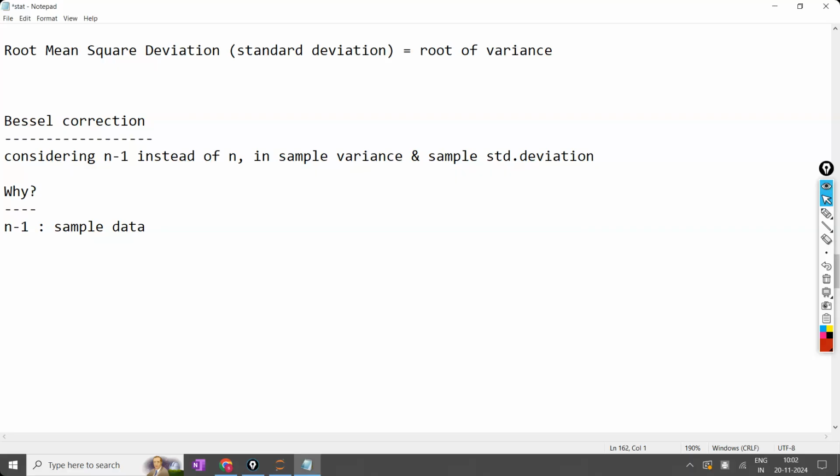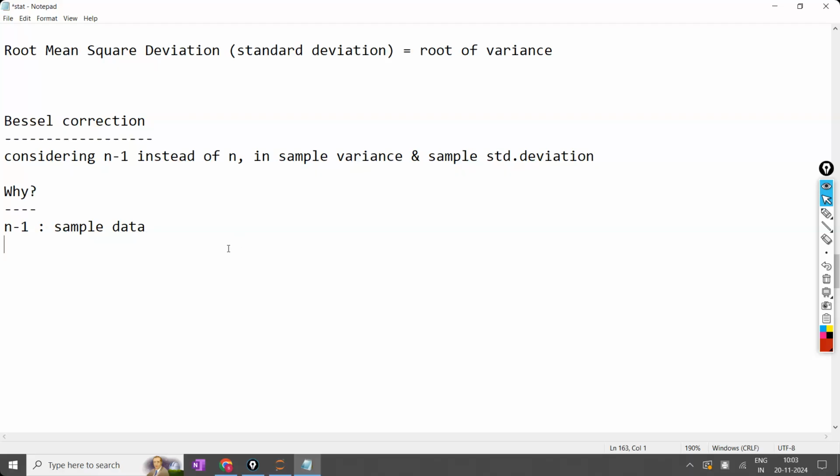So n minus 1 is for sample data. Here at least one has to be missing, then only it is called sample data. If you consider all the records, then it is called population data. So that is the reason the formula is given with n minus 1. Why n minus 1? Because it is a sample.